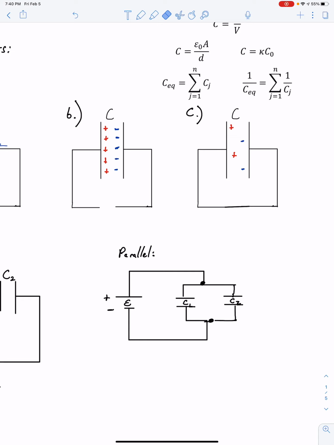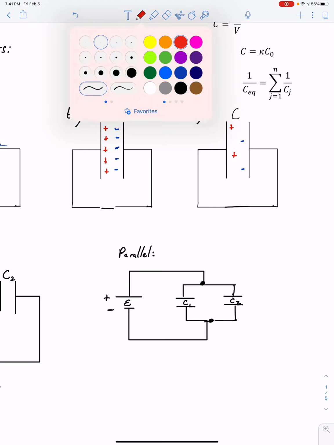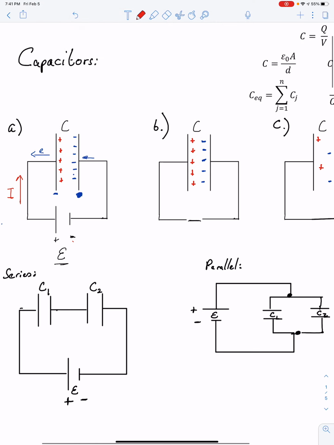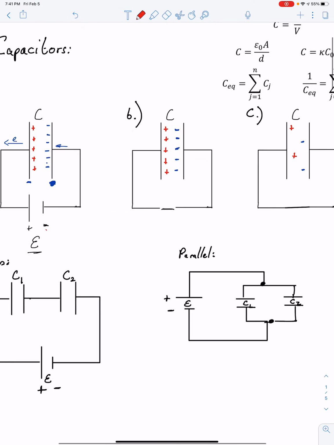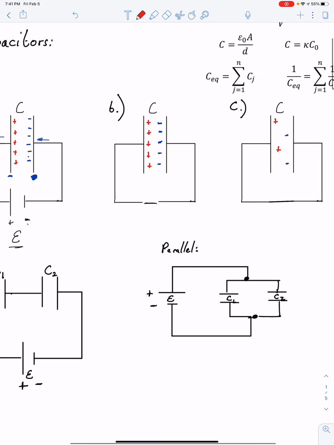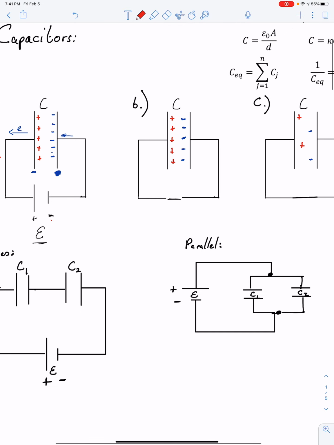Lastly, if we do connect these two ends, then we have a transfer of charge going around the circuit. Different from figure A right here, the current is actually going to travel this way, because remember, current goes from positive to negative.